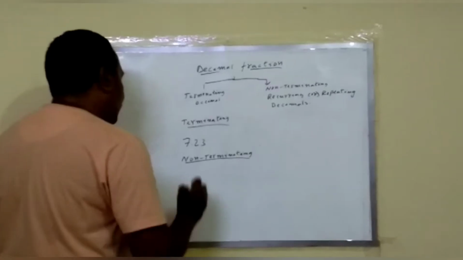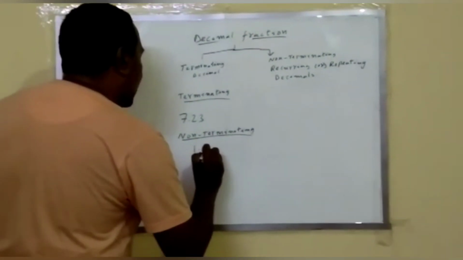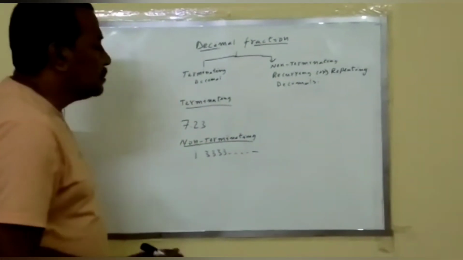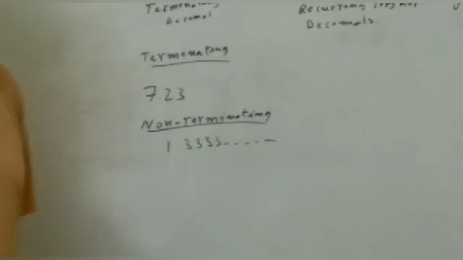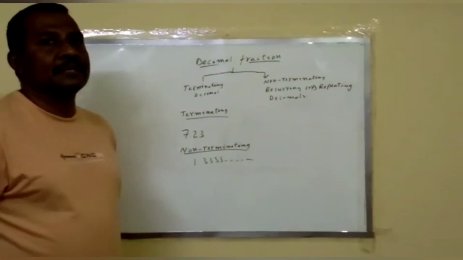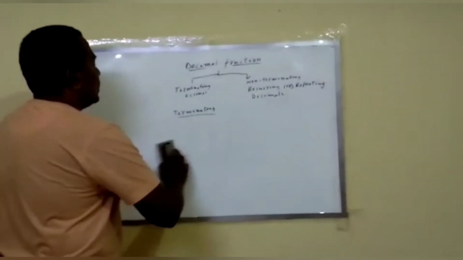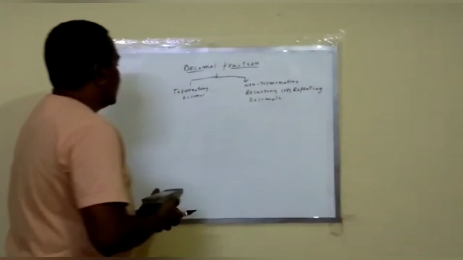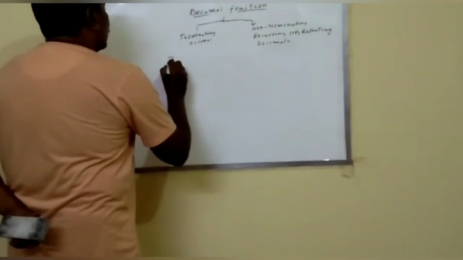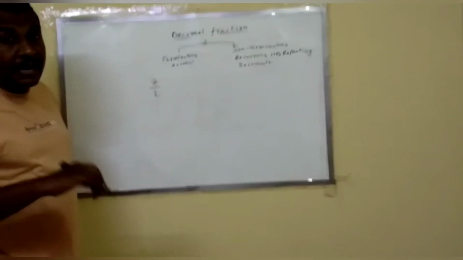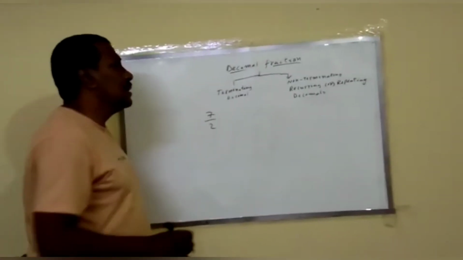For example, 1.3333 and so on. It keeps on repeating, it keeps on recurring. So this is called a non-terminating repeating decimal. For example, take 7/2. Is it a terminating or non-terminating repeating decimal?